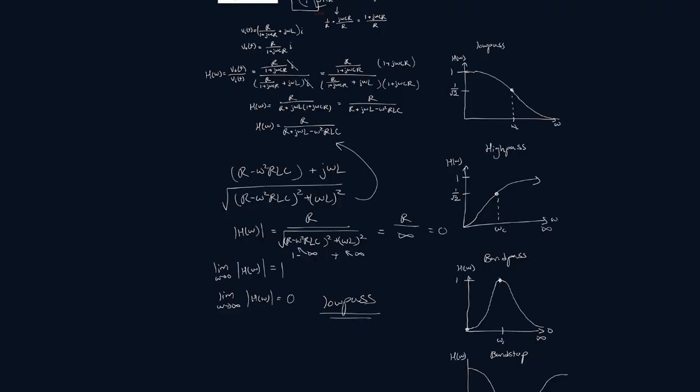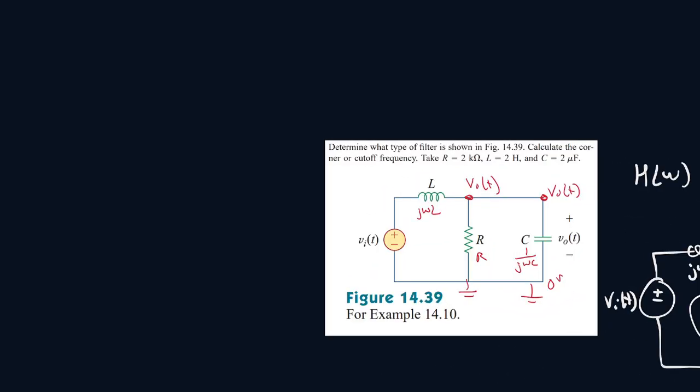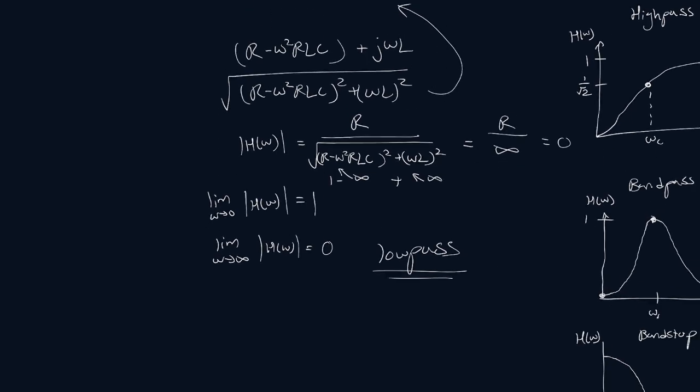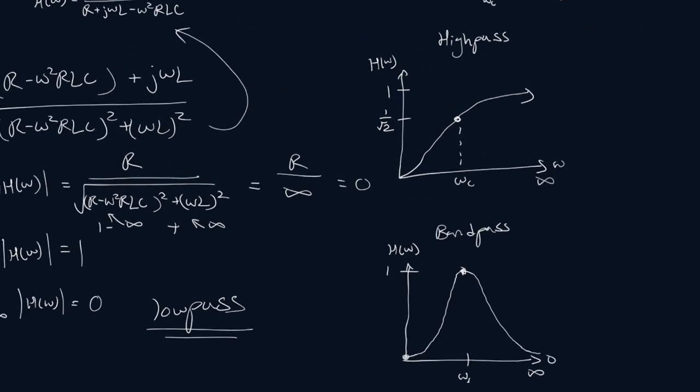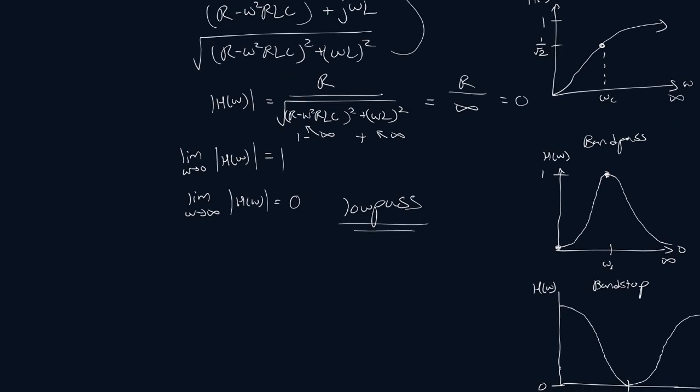Okay, so the next part we want to find is the cutoff frequency. We know the cutoff frequency will happen when our transfer function is at 1 over square root of 2. So R over the square root of (1 minus W squared LC) squared plus (WL) squared.